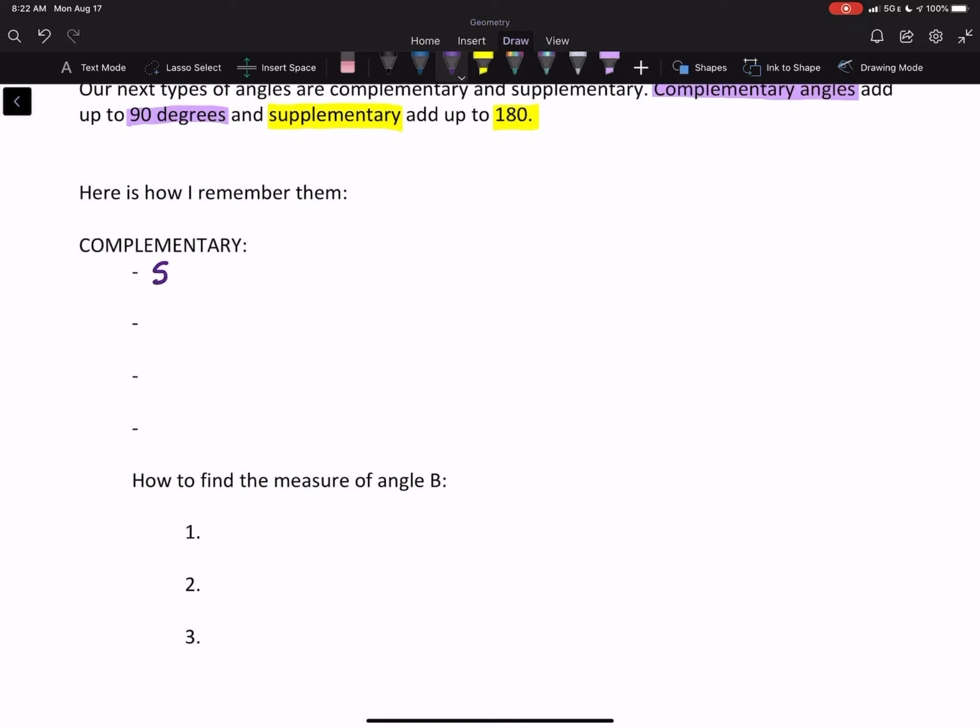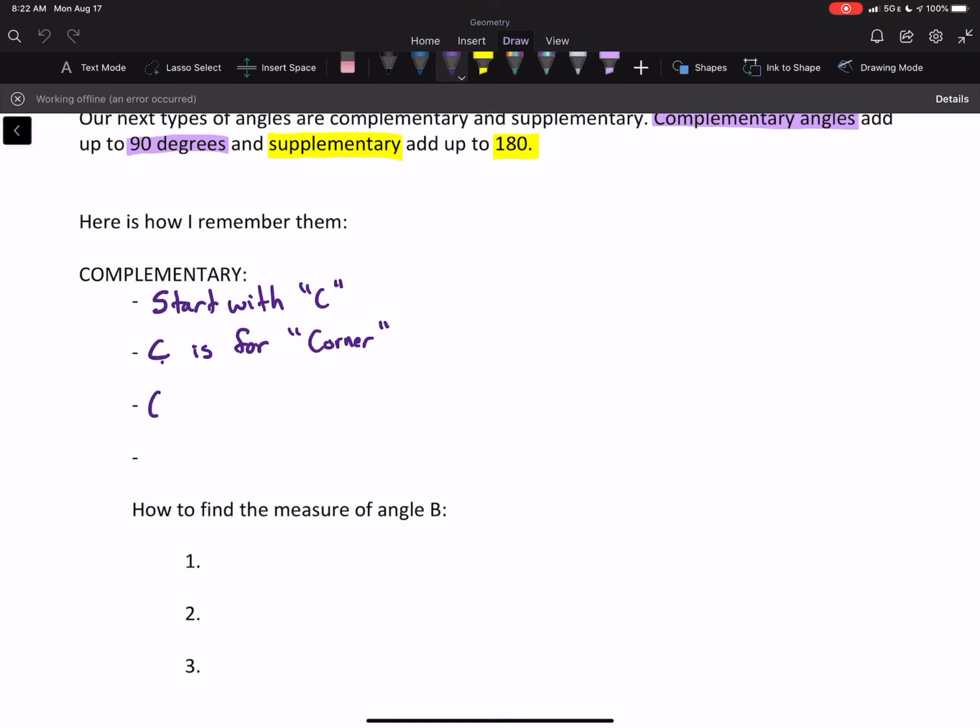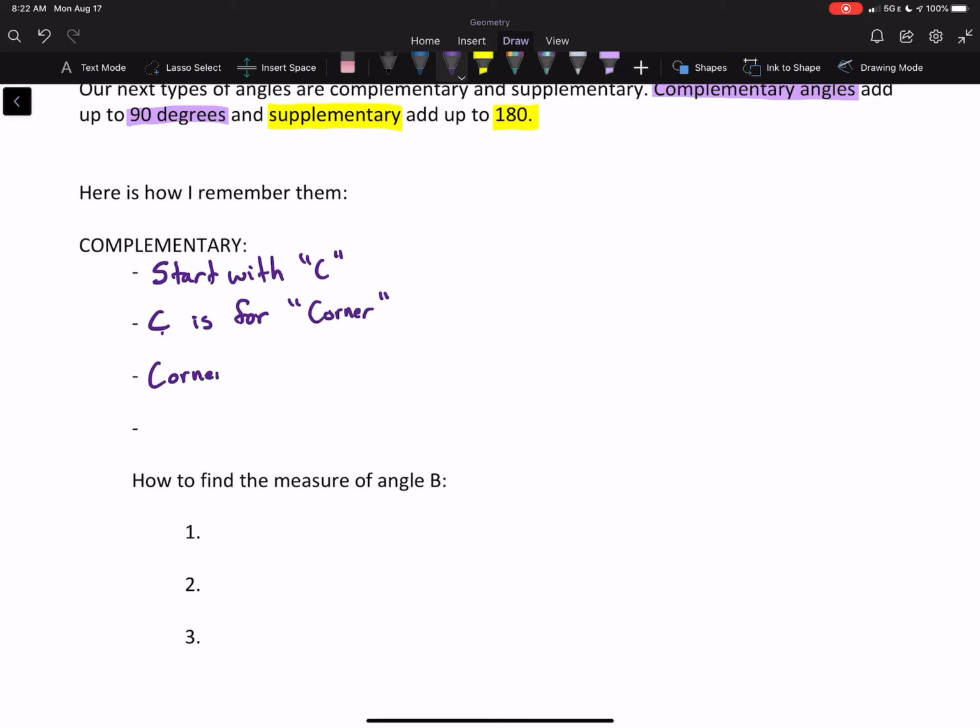Complementary angles start with the letter C. C is not for cookie, like Cookie Monster would say, but rather it is for corner, because corners are 90 degrees, right? The corner of a room, corner of a square, they're 90 degrees, right angles.